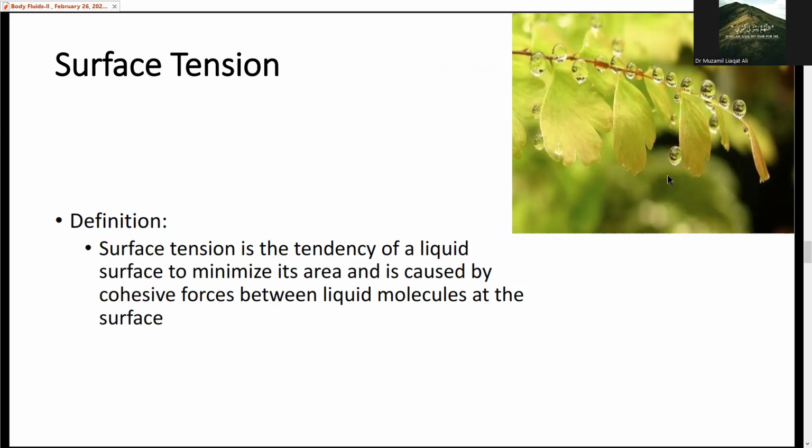And what about the mechanism behind it? Molecules at the surface are pulled inwards, and that creates a surface film that ultimately leads to dewdrop formation, right?